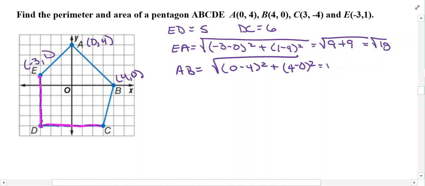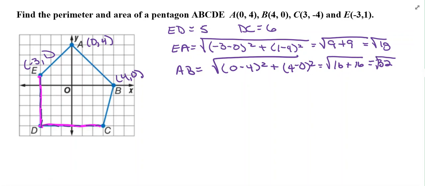Negative 4 squared is 16, and 4 squared is 16, so I have the square root of 32. As you notice, I'm not putting the rounded answers here because I don't want to round too early. If you desperately have to round, then round to at least the thousandths place, because you're going to be adding these together.